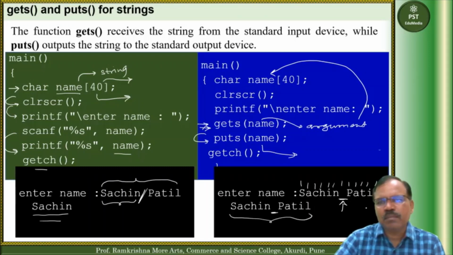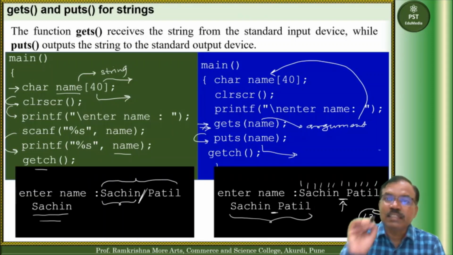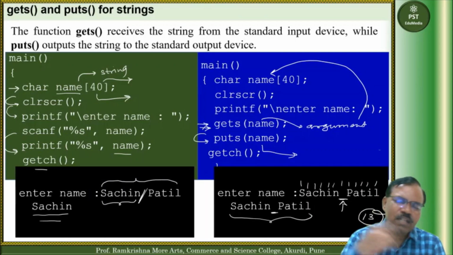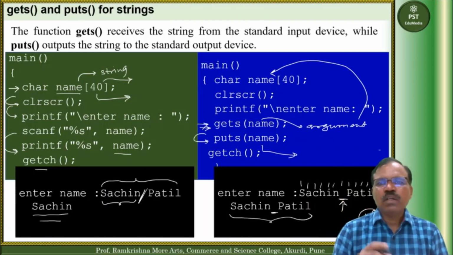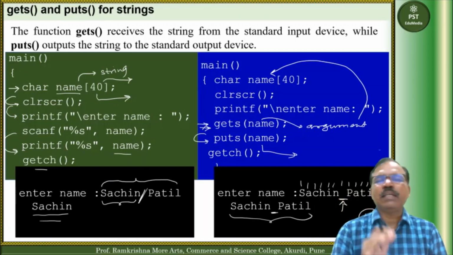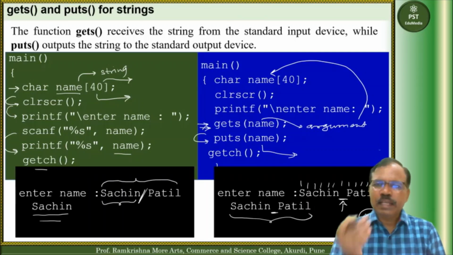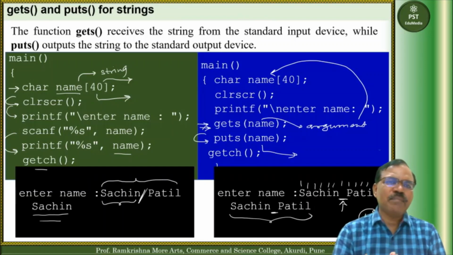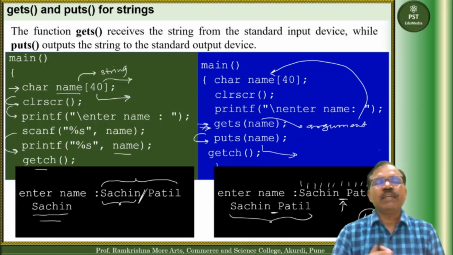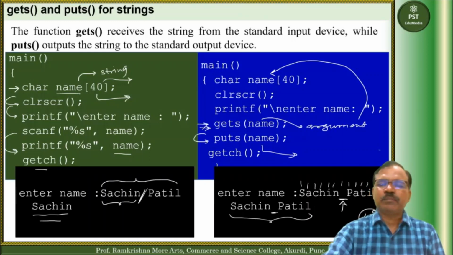Actually, there are 13 characters in this string, but that we will discuss when we discuss arrays and pointers. So the getS and putS functions take the string properly and print it properly, while the scanf function may not take that string properly if there is a space between two words. In this way, the getS and putS functions work.